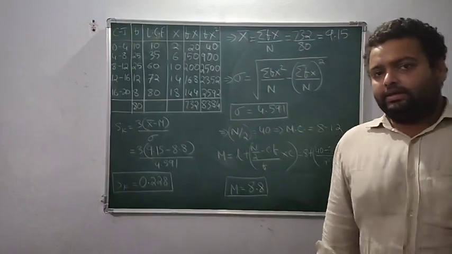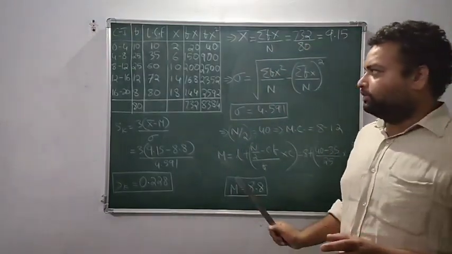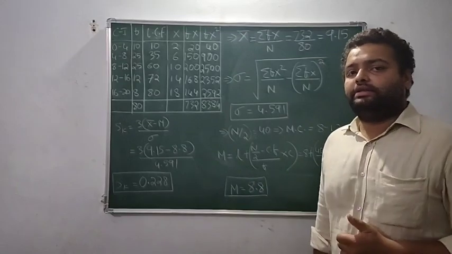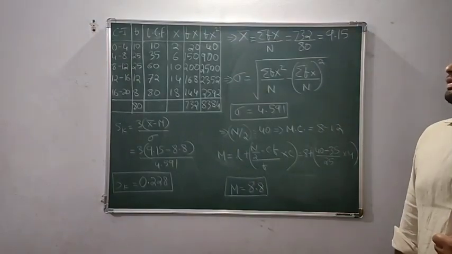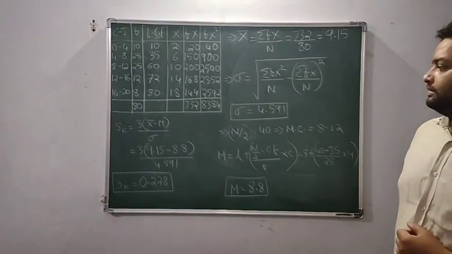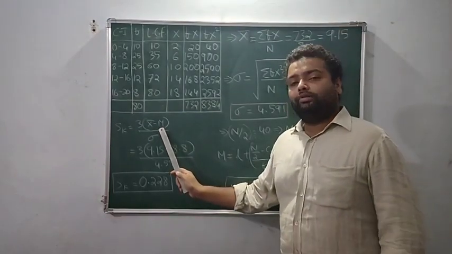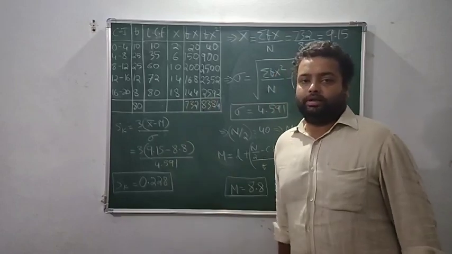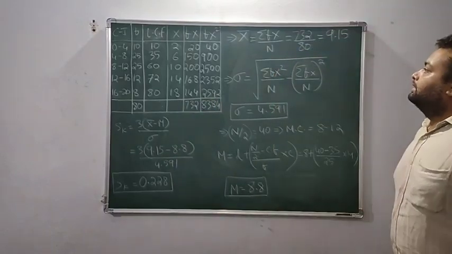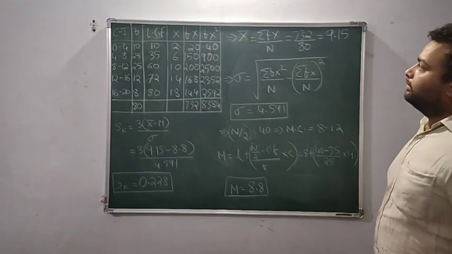So when the distribution is not unimodal and you have to calculate the coefficient of skewness, instead of mode, we have to compute the median. Let us look at the formulas one by one.